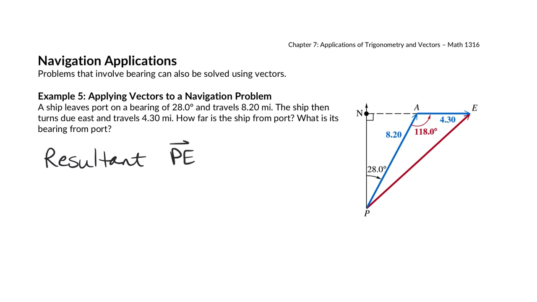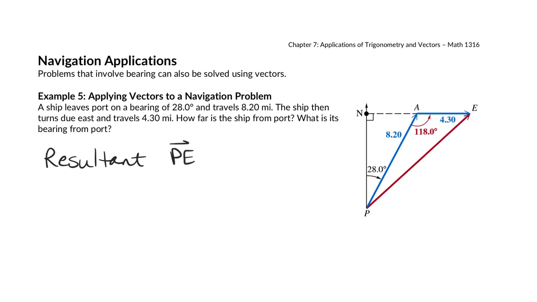Since we are looking for one of the sides of this triangle that we've created, and we know a side, we know an angle, and we know a side, we can use the law of cosines to do this.